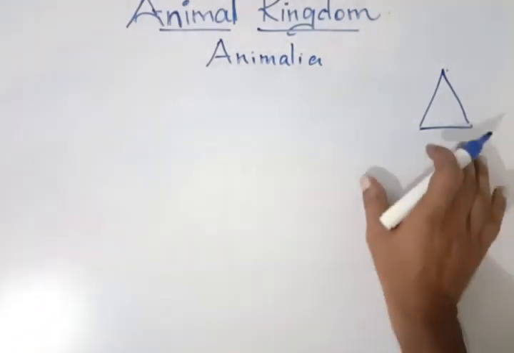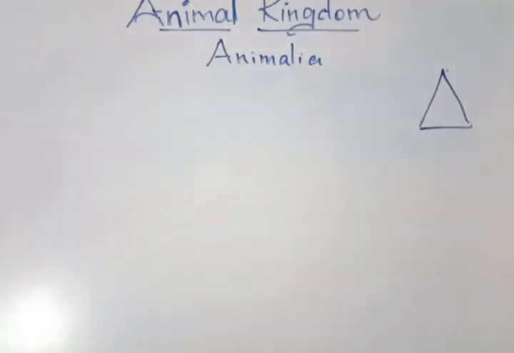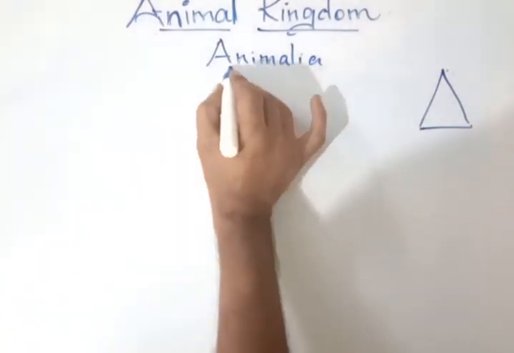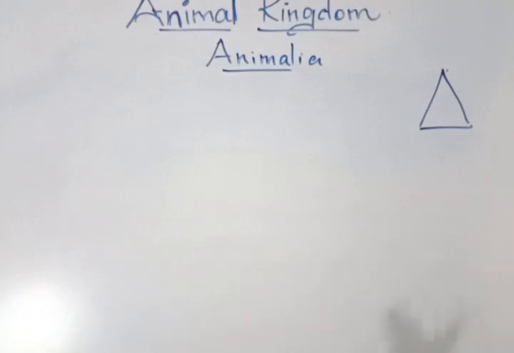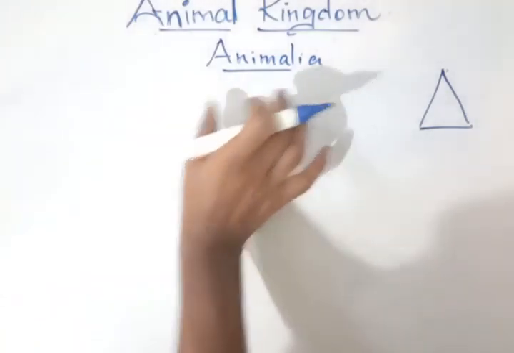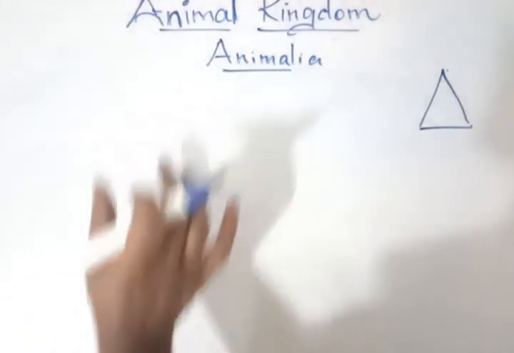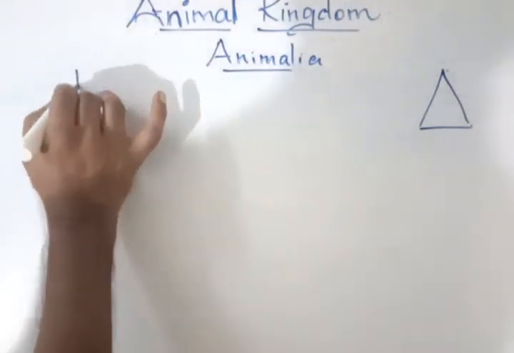And the last part of this will be occupied by the genus and species. So now when you talk about this kingdom called Animalia, all these animals belong to this Animalia kingdom. Okay, so now in this Animalia kingdom, all the animals are metazoans.